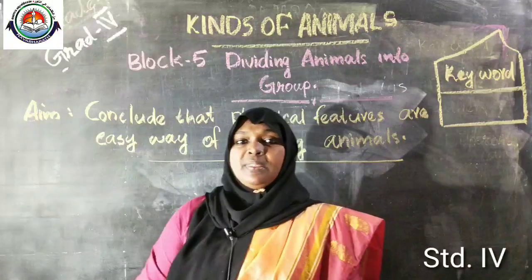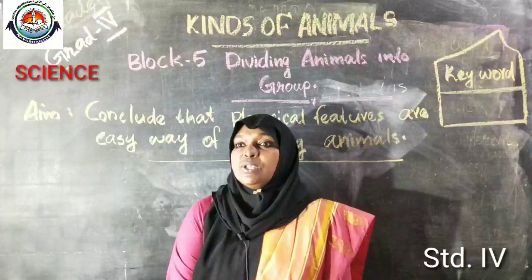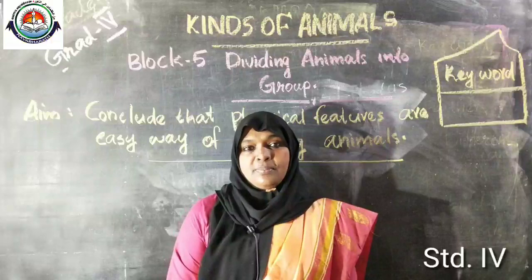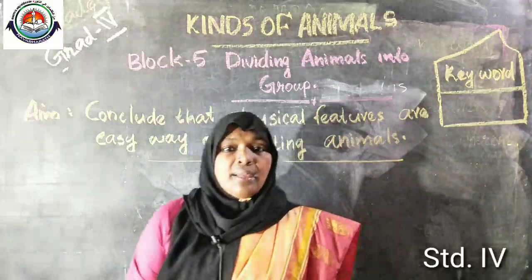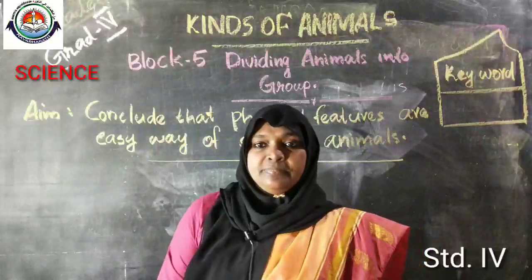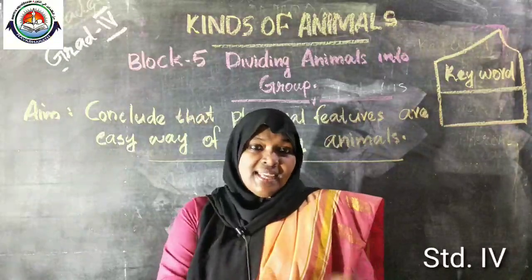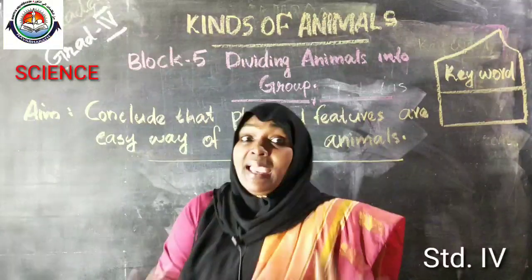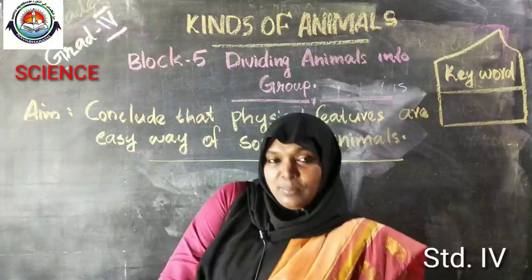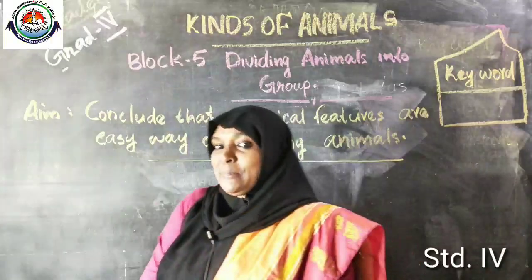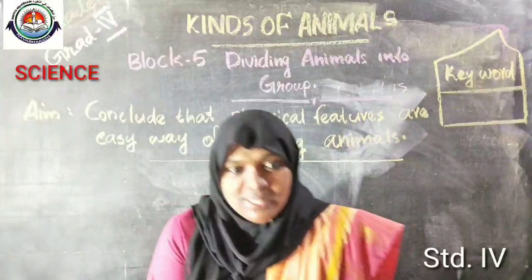Okay, today we will sort animals into different groups. So, let's start with an activity. For this activity, we need an A4 sheet, workbook and sketch pen. Scale is also needed.